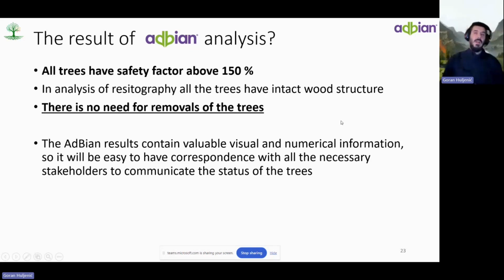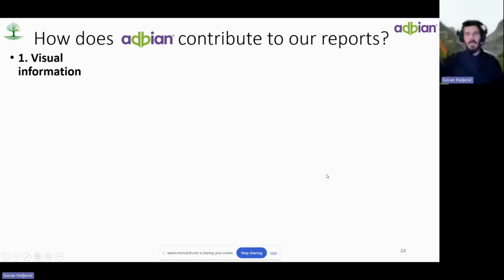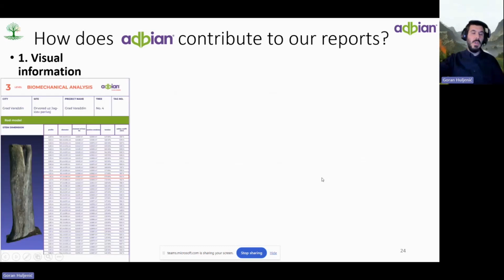This is really important for us, because we will have to do a correspondence meeting with all the necessary stakeholders and communicate the status of the trees. With a report from Adbian, it is really easy for us to defend our position.